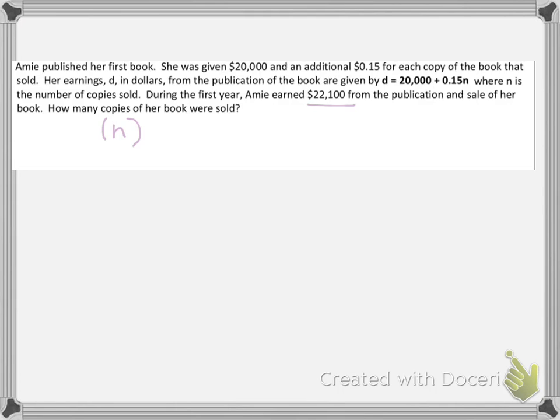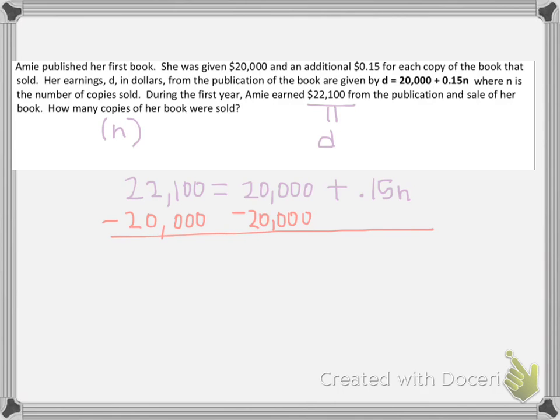We know D. We know how much she made. So we can say 22,100 is equal to 20,000 plus 0.15N. So we use some algebra to solve this. We're going to subtract 20,000, and I will be left with 2,100.